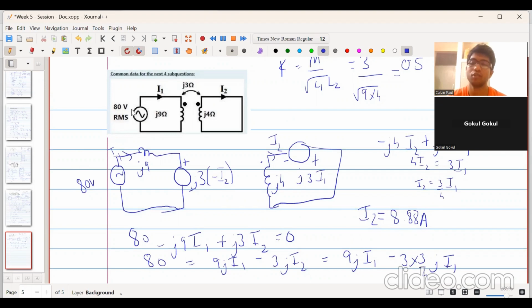Okay. So what input impedance means is you want to find the input impedance of the voltage source. What will be the impedance across these two terminals? The voltage is this much, the current is this much, so we divide voltage by current, and we get the input impedance. Is that clear? So the input impedance is 80 upon I1.